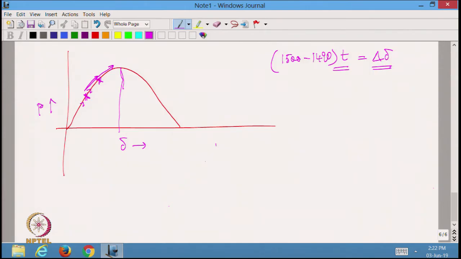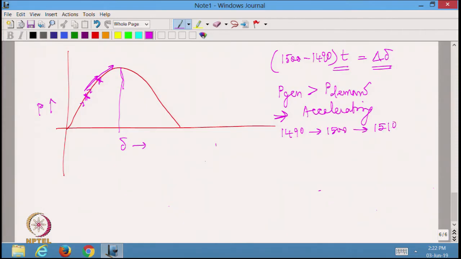At that point, because P generated becomes greater than P demanded, the machine will accelerate, accumulating some kinetic energy. So, from 1490 it will go to 1500 and it might go to even 1510.